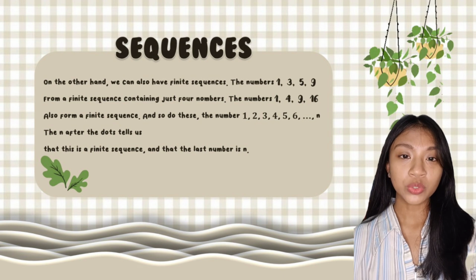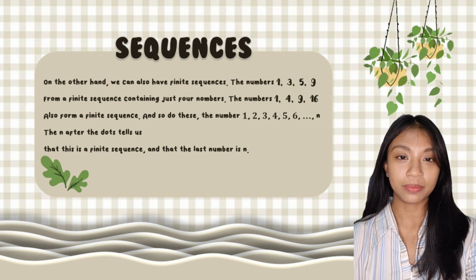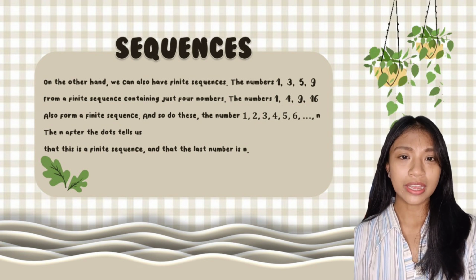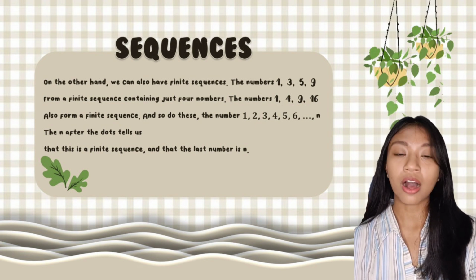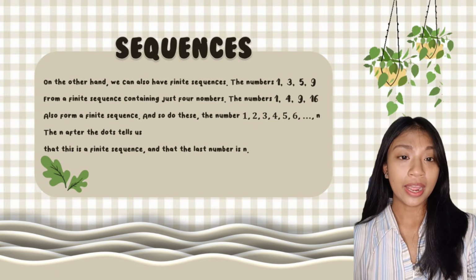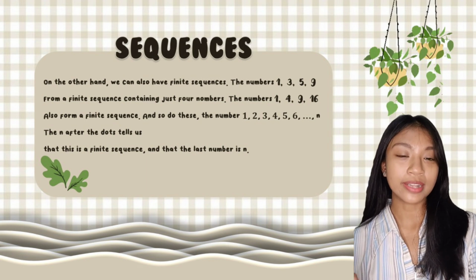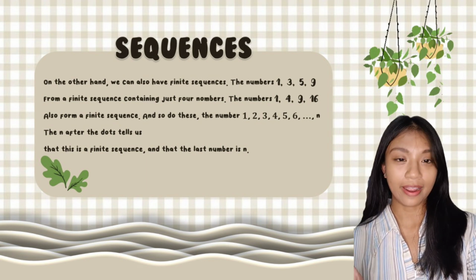These are the numbers we use for counting, and we have included n of them. Here, the dots indicate that we have not written all the numbers down explicitly. The n after the dots tells us that this is a finite sequence and that the last number is n.